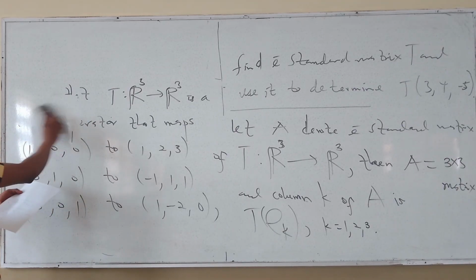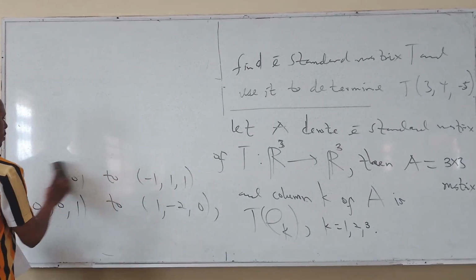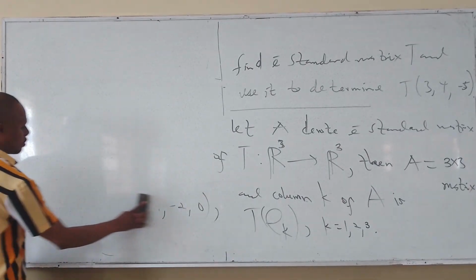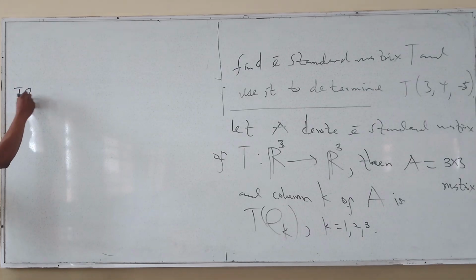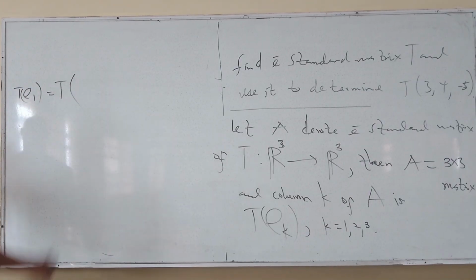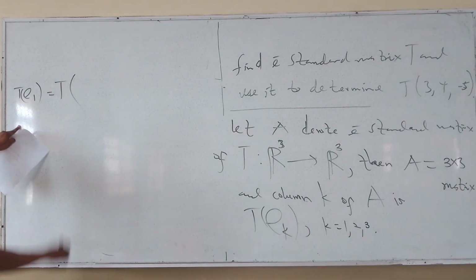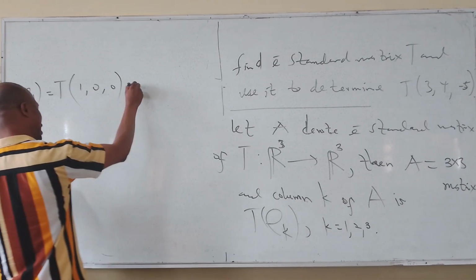So now let's go and find T of E1, T of E2, and T of E3. Those have been given to us from the question. T of E1, that is (1, 0, 0), has been given to us as (1, 2, 3).